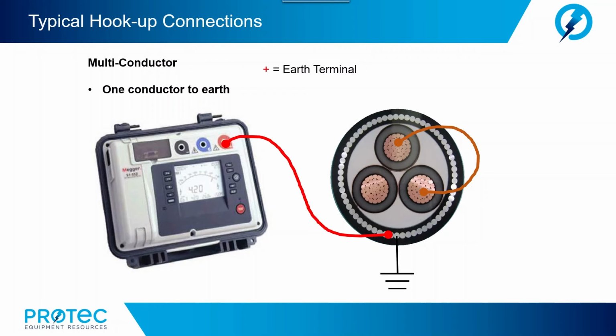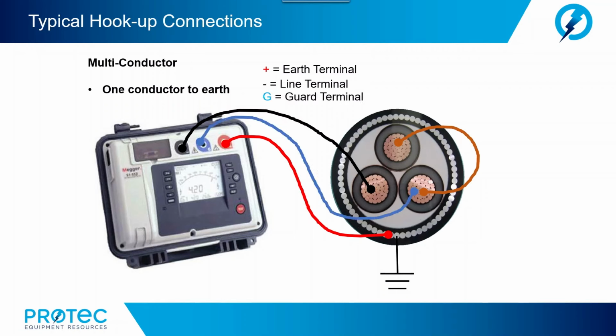We would connect the positive lead to the metallic shield, the negative lead to the conductor of interest, and we would use the guard terminal on the two conductors that are not of interest. So now any leakage current flowing to those conductors bypasses the measurement circuit through the guard circuit, and we are only measuring the leakage current of the conductor of interest to the metallic shield.